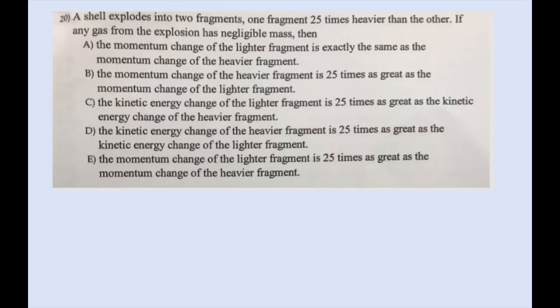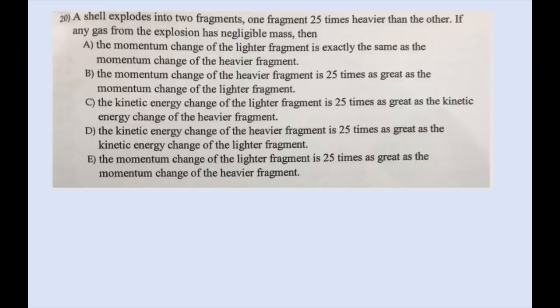So its initial momentum is 0, correct? And therefore, when it breaks into 2 fragments, if one fragment goes in the positive direction, the other fragment has to go in the negative direction, and their momenta must be equal. Why? Because when you have 2 quantities that are equal and opposite, they equal 0. I hope you understand what I'm saying.